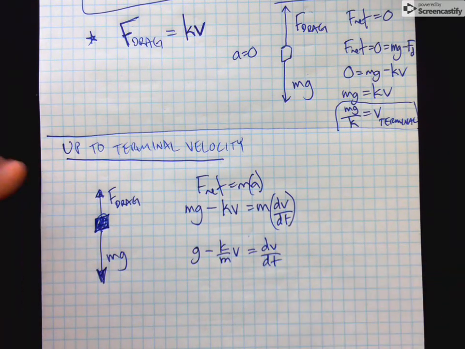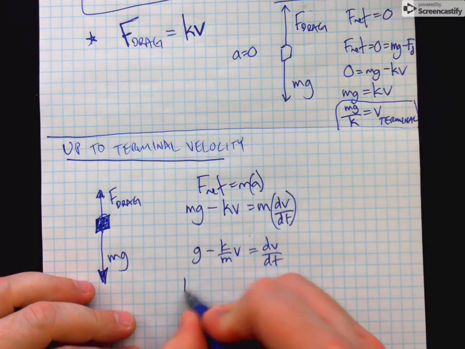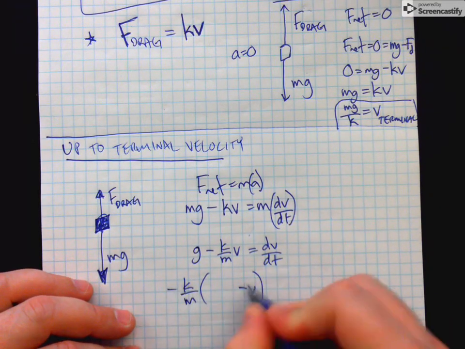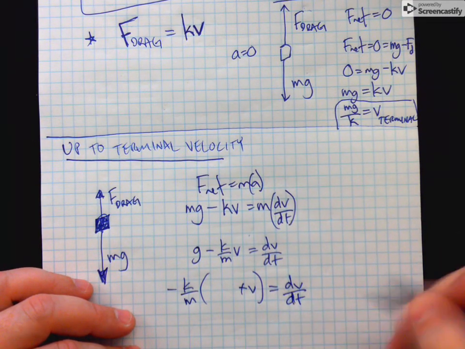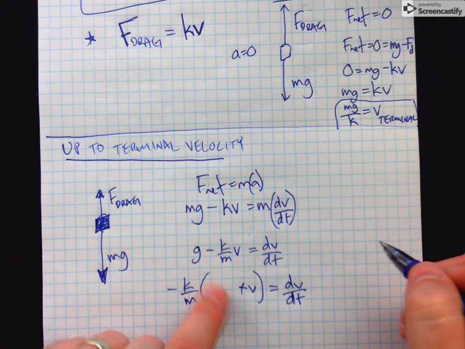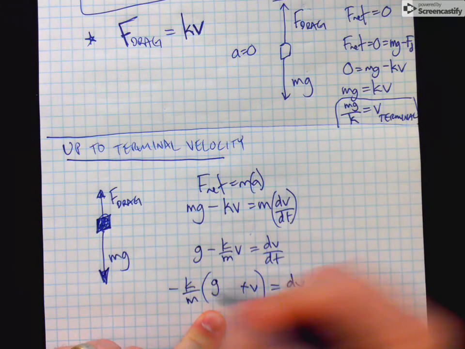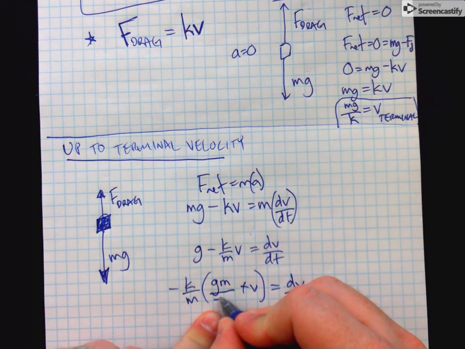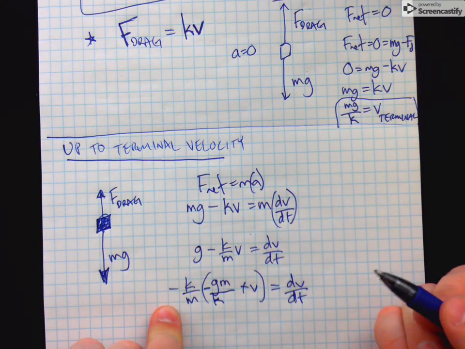All right, the next move is to get v by itself by factoring out a k over m. Actually, take a negative out, and by doing that you now have v isolated, so it doesn't have a coefficient on it. Now I still have a g there, but now I have an m over k as a negative. If I multiply that back through, I still end up with g.